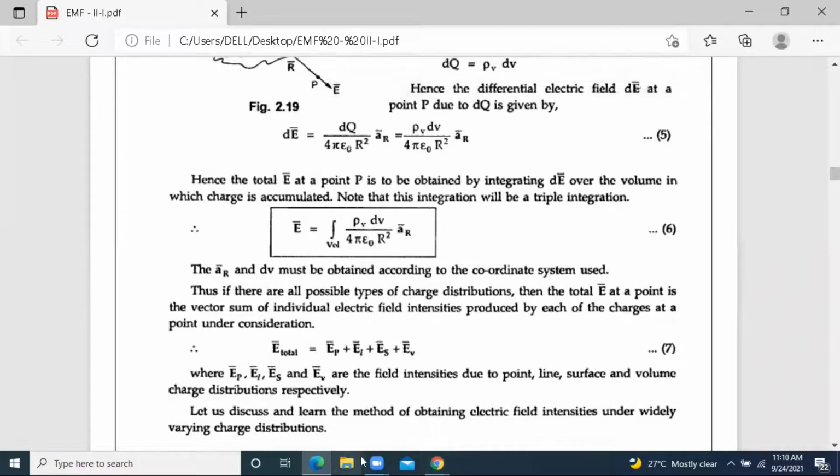So all this is saying, if you have a number of charges, right?